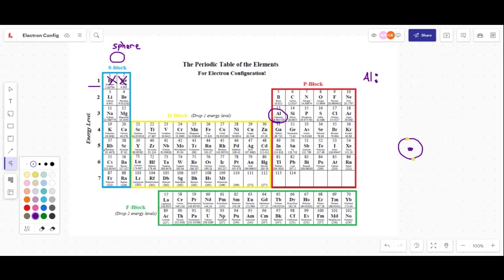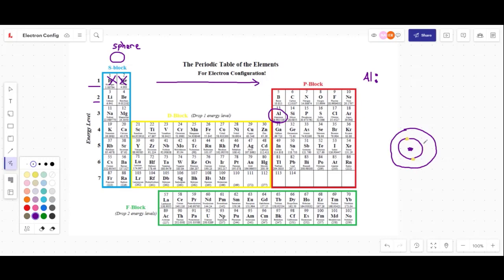Okay, so now after that I go across. There's nothing else that can add in the first energy level, the first shell. So then I go to shell number 2, the second energy level. Once again, it's the S orbital that fills first. So the second energy level refers to the distance from the nucleus.